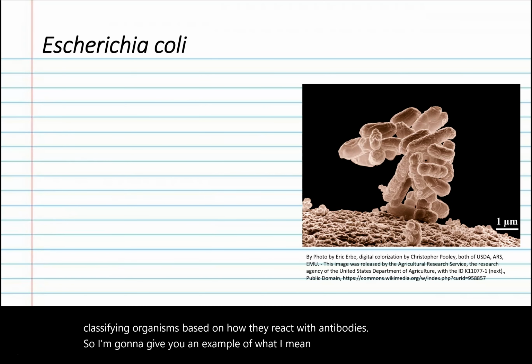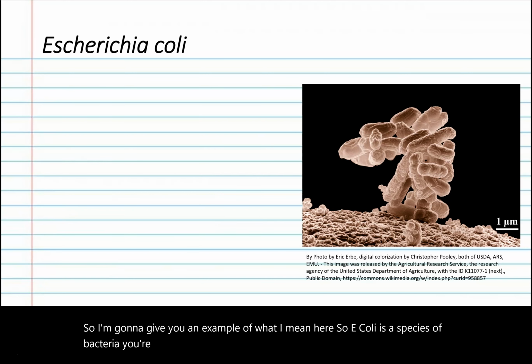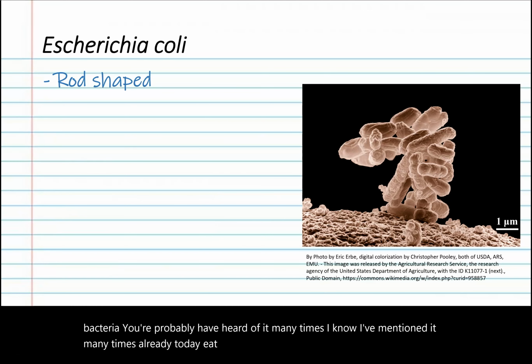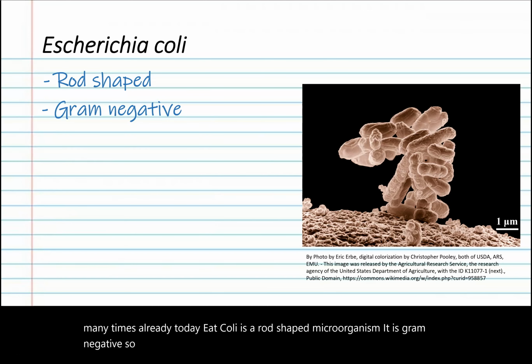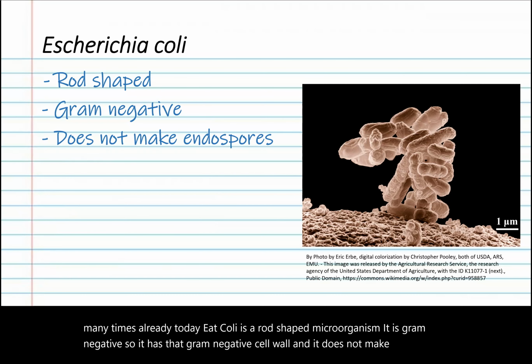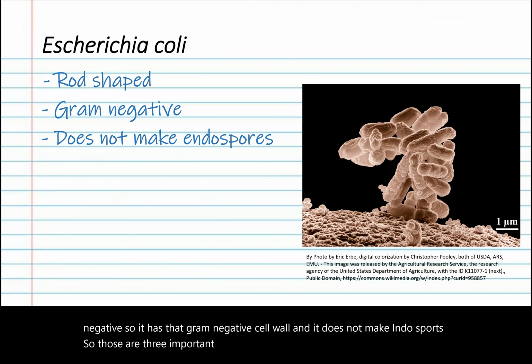E. coli is a species of bacteria. You probably have heard of it many times. I know I've mentioned it many times already today. E. coli is a rod-shaped microorganism. It is gram-negative, so it has that gram-negative cell wall. And it does not make endospores. So those are three important physical characteristics of this organism.